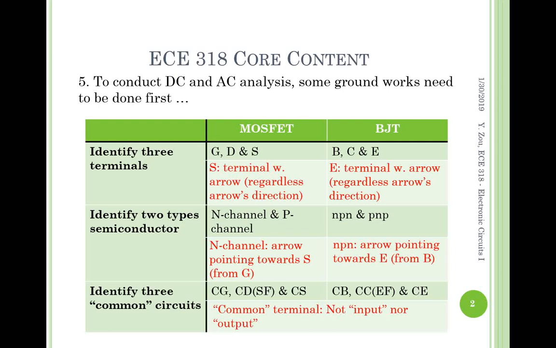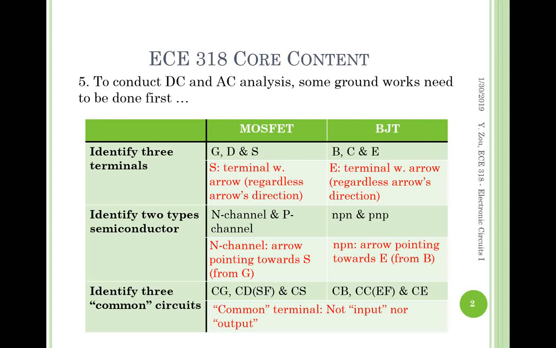We can easily identify the input by finding the source, and the output is generally labeled as well. The one that is neither input nor output is the common terminal, common to both input and output. So you just need to identify the input and output, and the third terminal left is the common terminal, giving common gate, common drain, or common source for MOSFET.